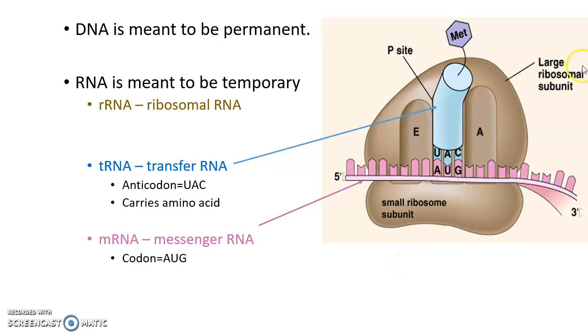So then the next tRNA comes in, that complementary base pairs to the next codon, and then its amino acid will attach to this one, and the ribosome will keep moving down the messenger RNA, bringing in more and more and more. I really recommend you watch one of the videos that I have on the Canvas page that shows the translation process happening.